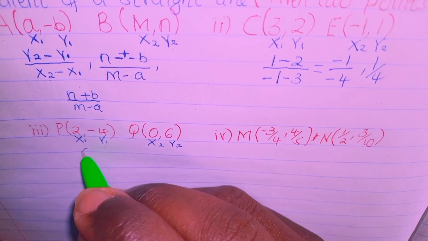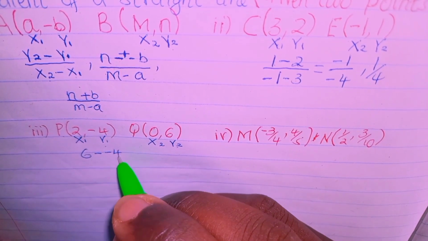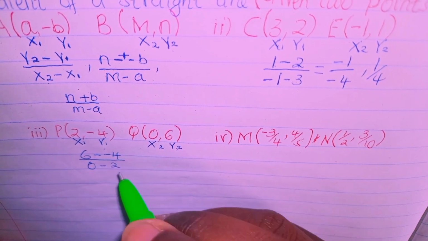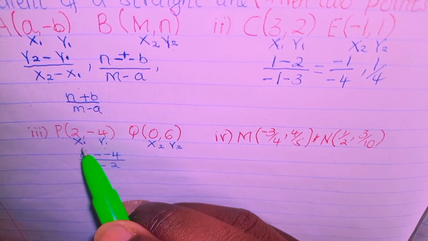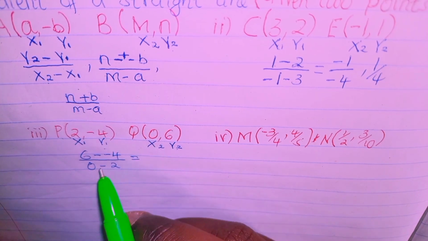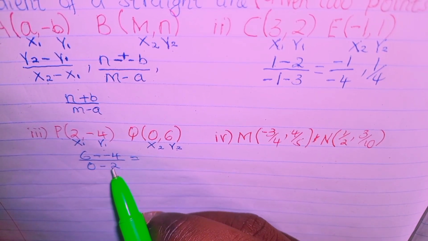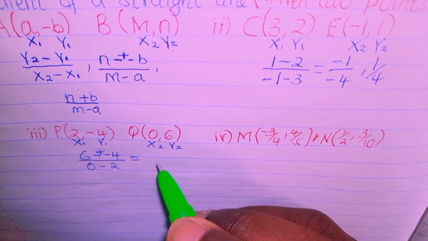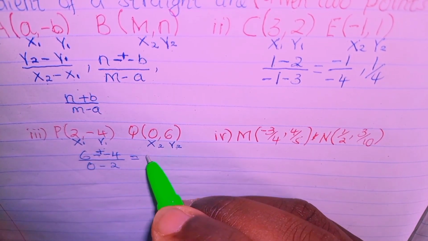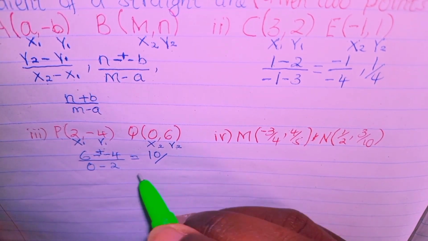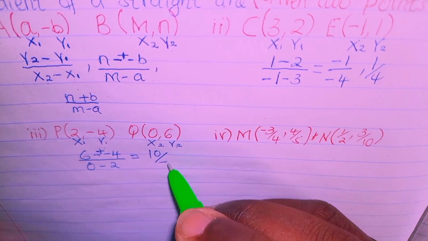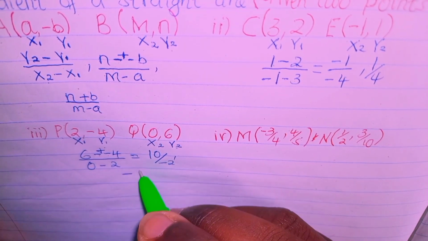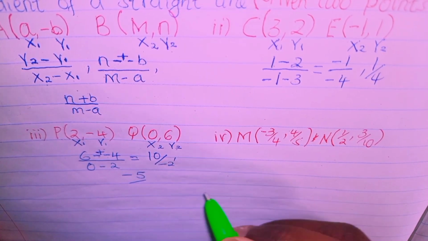This one is negative 6 minus negative 4 divided by 0 minus 2, which is x2 minus x1. So we have two consecutive negative signs following each other, so this becomes positive. This becomes 6 plus 4, so 10 divided by 0 minus 2, which is negative 2.